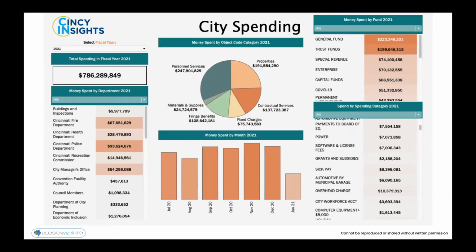So the first thing I thought about when I looked at this is, everything seems to be about a very specific year. And so I want to keep that as part of the title, rather than having it show up in every single title of each of the individual charts.